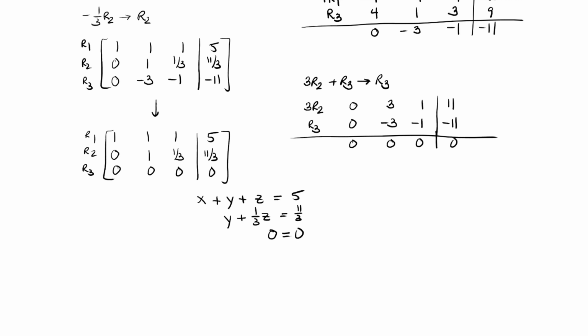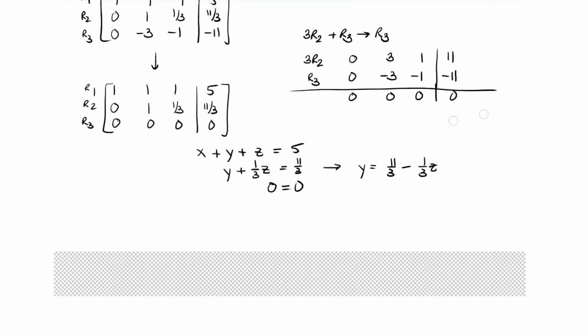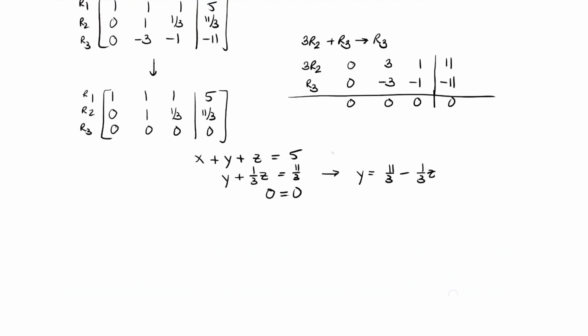That means that we can easily write all the variables in terms of z. This second equation tells me that y is equal to 11/3 minus 1/3 z. And that means in the first equation, I have x plus 11/3 minus 1/3 z plus z equals 5.